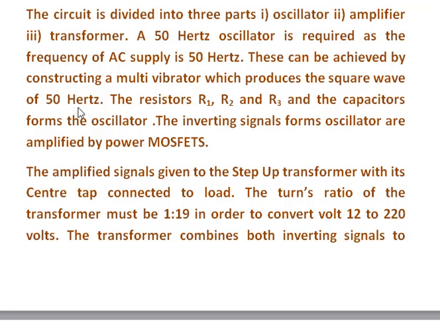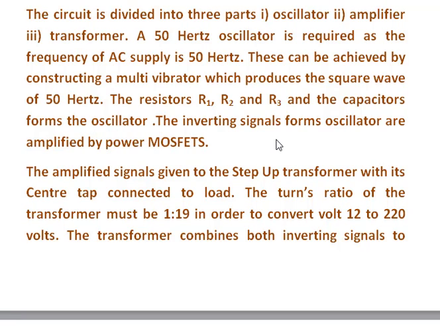A 50 Hz oscillator is required as the frequency of the AC supply is 50 Hz. It can be achieved by constructing an astable multivibrator which produces a square wave of 50 Hz. The resistors and capacitors in the oscillator set the timing constants and produce the frequency of 50 Hz.